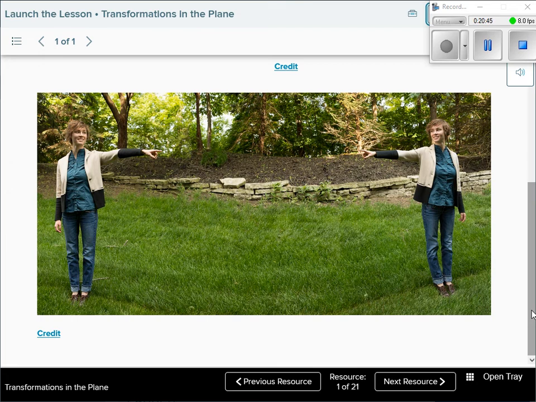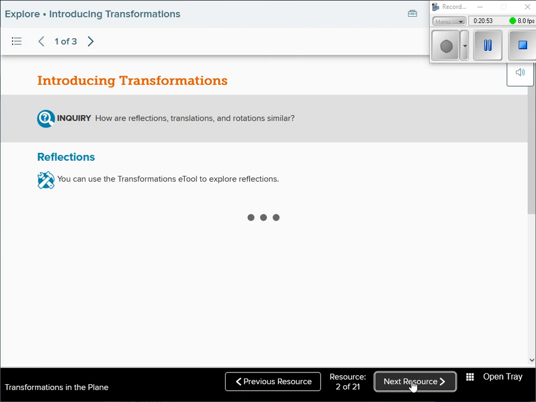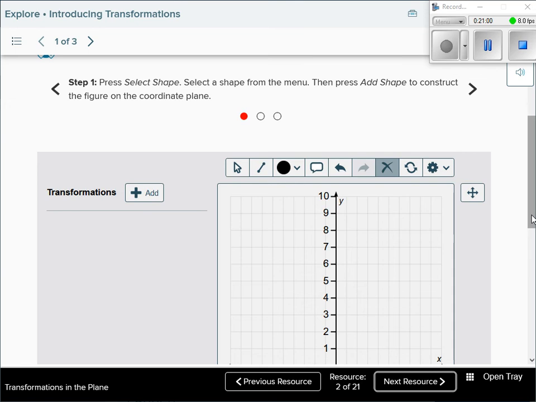Yours looks like this, does it have this at the bottom? Next resource, so you're gonna click on that. We're gonna go to this next slide. I'm gonna give you a minute or two. Read this and just try to mess with this. You can figure it out. It says, select the shape from the menu, then press the add shape.